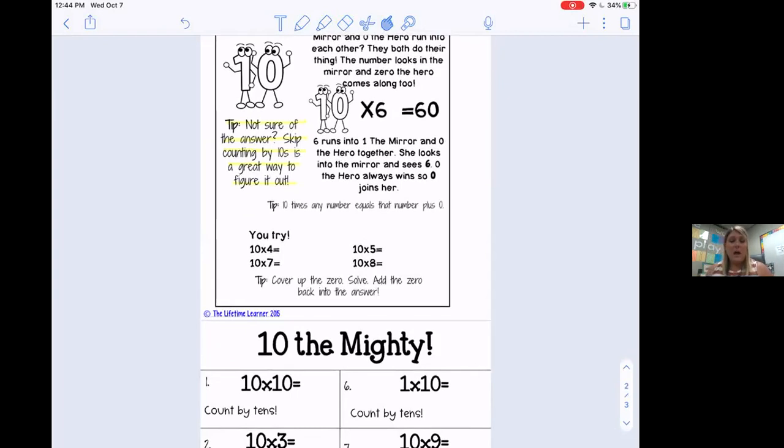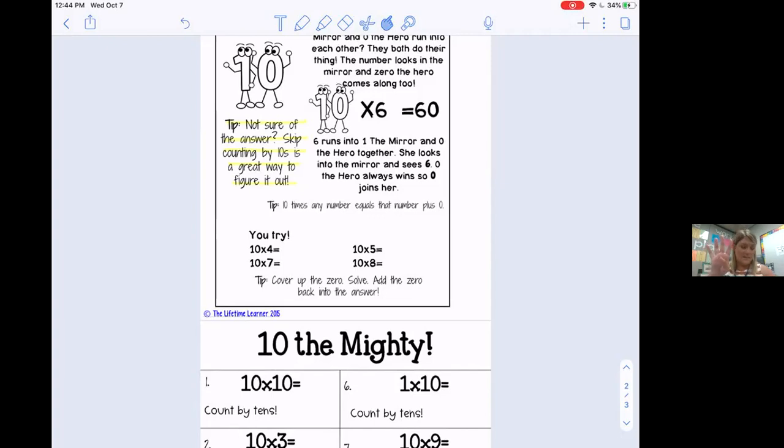So let's look at the bottom where it says you try. Our first example is 10 times 4. So we are multiplying by the number 10. But what number are we multiplying by 10? The answer to that is 4. So I'm going to hold up 4 fingers, just like I did when I was multiplying by 5. So when I hold up 4 fingers, that means I'm multiplying 10 by 4.